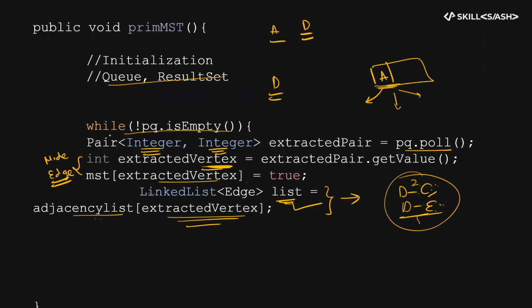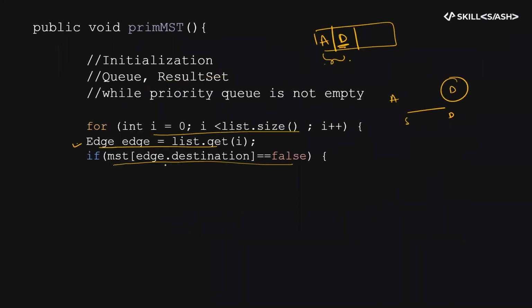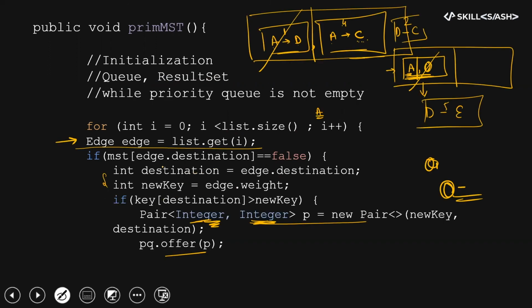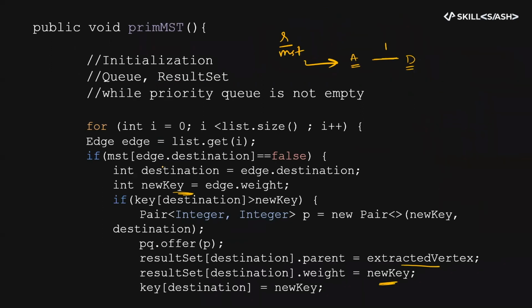I have explained the first while loop, in which you get initially the priority queue edge with the least weight. After that, you start processing its destination. You create an edge and put it again into the priority queue, and whichever is the least one, you put it into the result set.